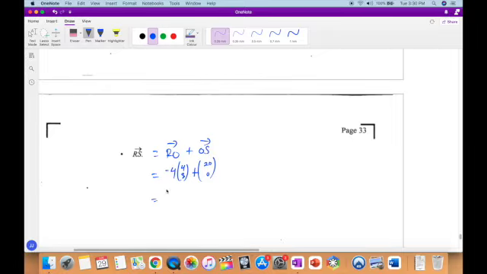So let's just expand this out. 4 4s are negative 16 and 4 3s are negative 12, plus [20; 0]. And that gives us 20 minus 16 is 4, and that is negative 12 there.